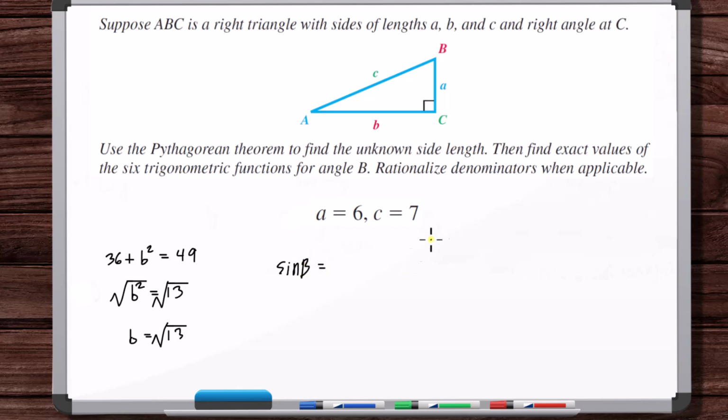So what is sine of B? Opposite over hypotenuse, that's b over c. Cosine of B is adjacent over hypotenuse, that's a over c. Now tangent of B is opposite over adjacent, b over a.